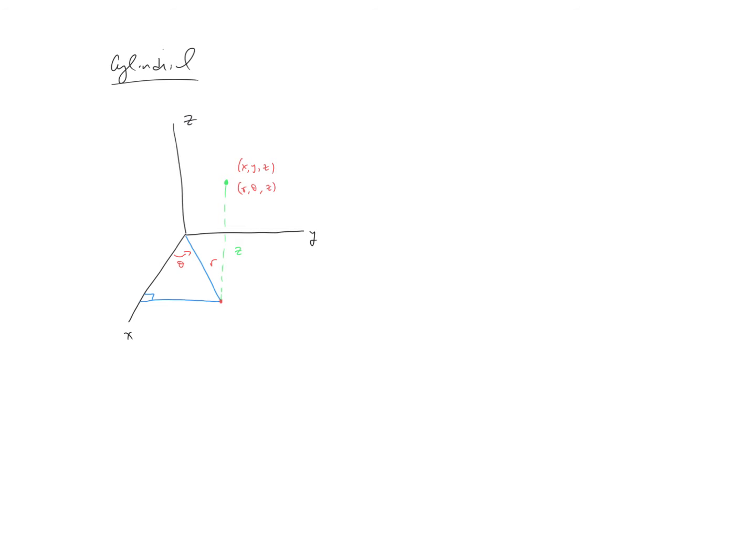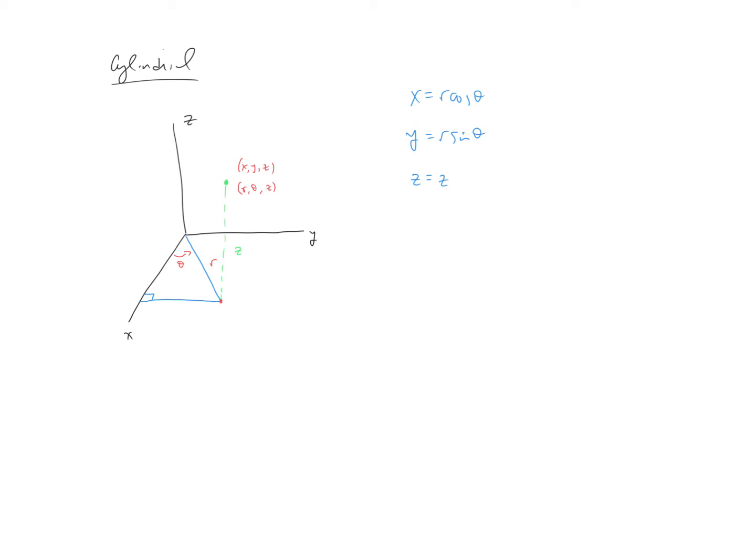I want to go ahead and make the connection similar to what I've done in polar back in Calc 2. Looking at this picture, we know that x equals r cosine theta. We also know that y equals r sine theta. And then z would just be itself. Like I pointed out before, that z and that z are the same thing, so z equals z.